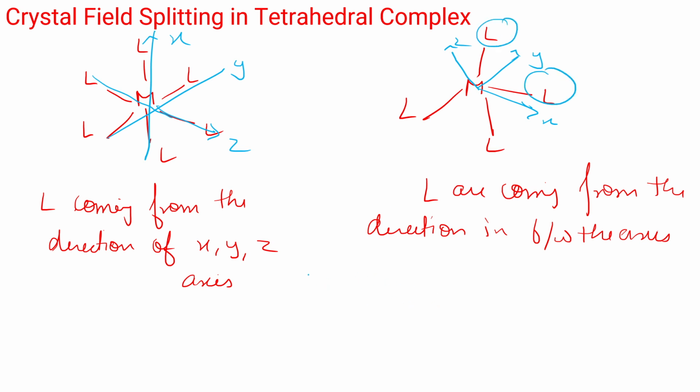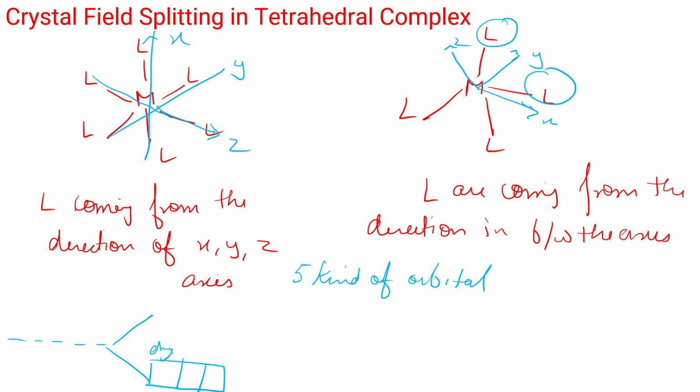We have five kinds of orbitals. Here you saw that the splitting occurs in such a way that dxy, dyz, and dzx went down, and dx square minus y square and dz square went up.